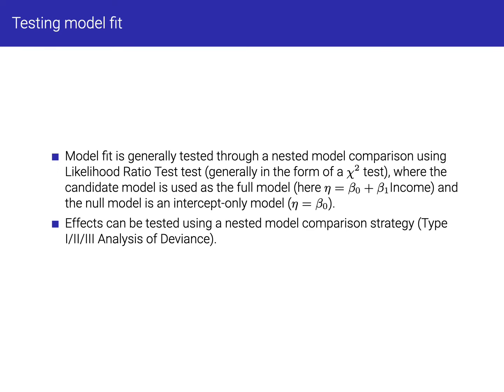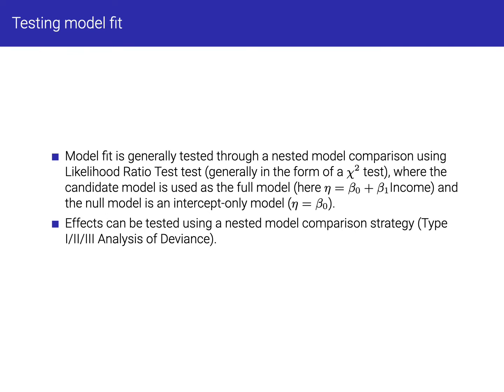You have type 1, type 2, and type 3. As a reminder, type 1 is sequential. It starts from the first predictor to the last. Type 2 and type 3 consist in comparing a complete model with all predictors, with a model with all predictors except the one of interest.